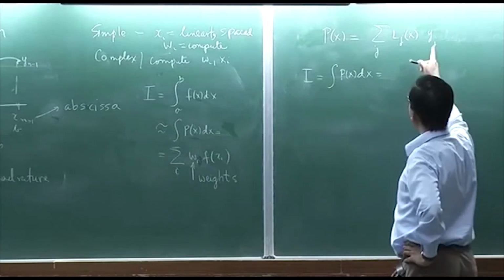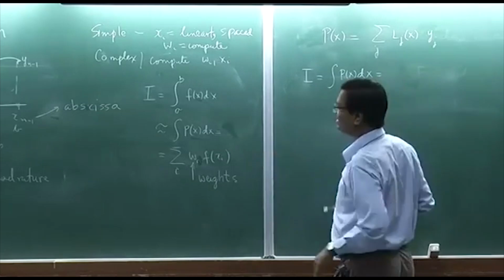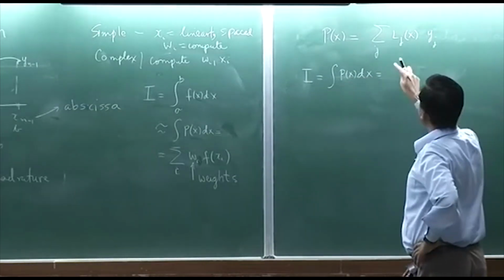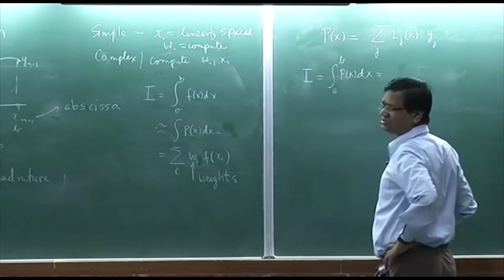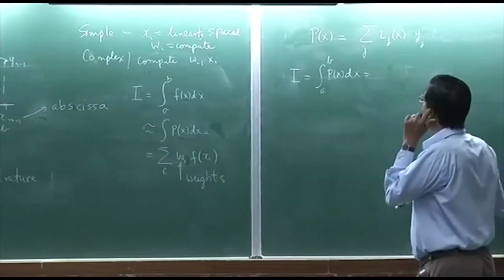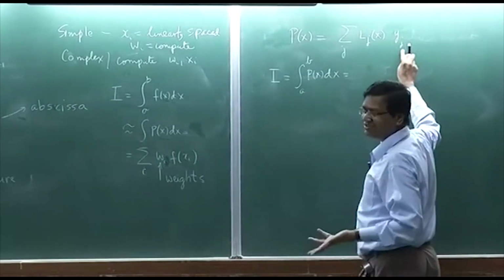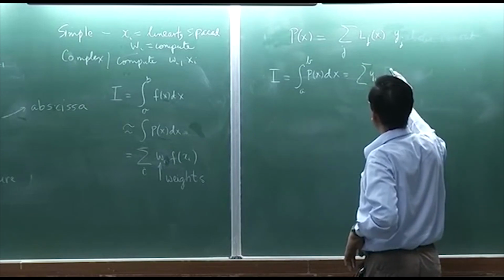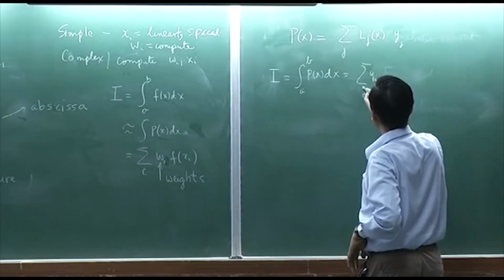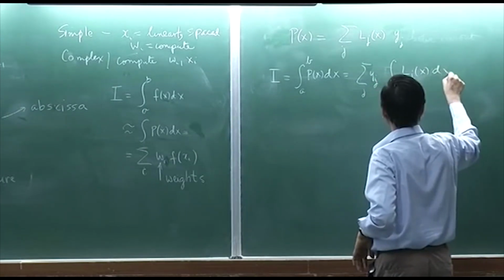So my notation is slightly changing, i and j, so please don't mind, okay. So i, j is a running index. So the integral, I'll put a to b endpoints. So this will act only on Lj, it can't act on y, which is a constant. So I can take yj outside, sum over j, the integral of Lj(x) dx from a to b.